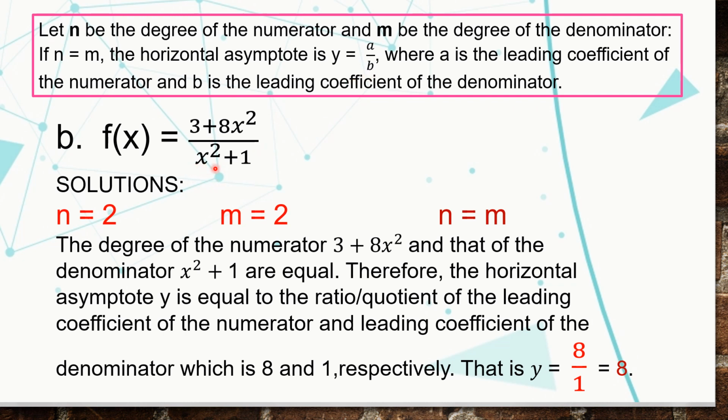So, in this denominator, ang leading coefficient naman ay 1. So, 8 over 1 is equal to 8. So, ang 8 na ito ang ating horizontal asymptote for the function f of x equals 3 plus 8x squared over x squared plus 1.